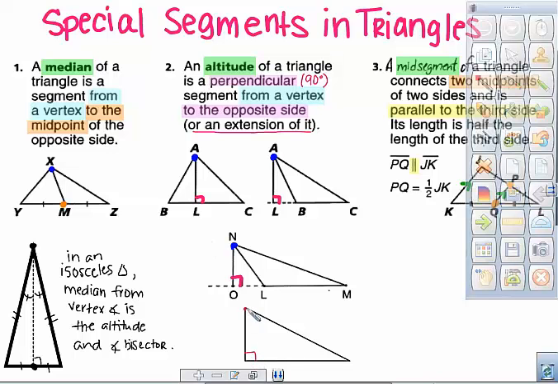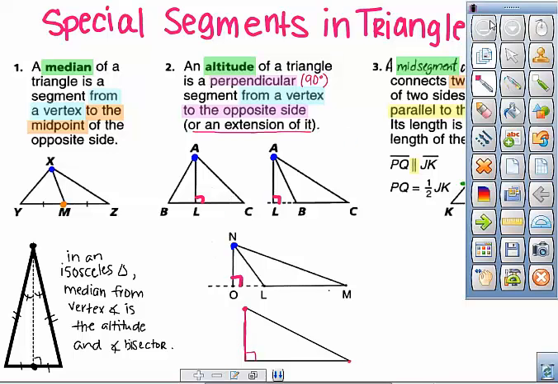So if you went from here to here, you could call this the altitude, or if you're coming from this vertex, this could be the altitude. Either one of those could be the altitude. So it's from the vertex to the opposite side, wherever it happens to form a 90-degree angle. It can be inside the triangle, it can be outside the triangle, it can be a side of the triangle, depending on if it's acute, obtuse, or right.